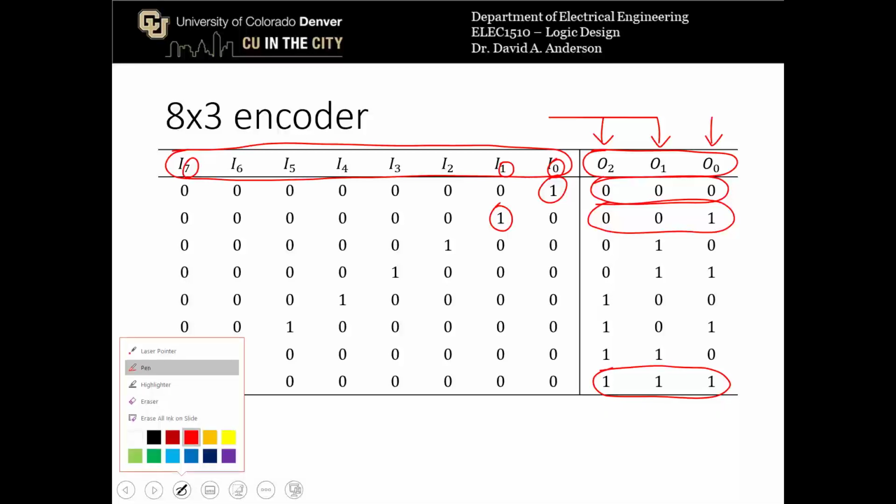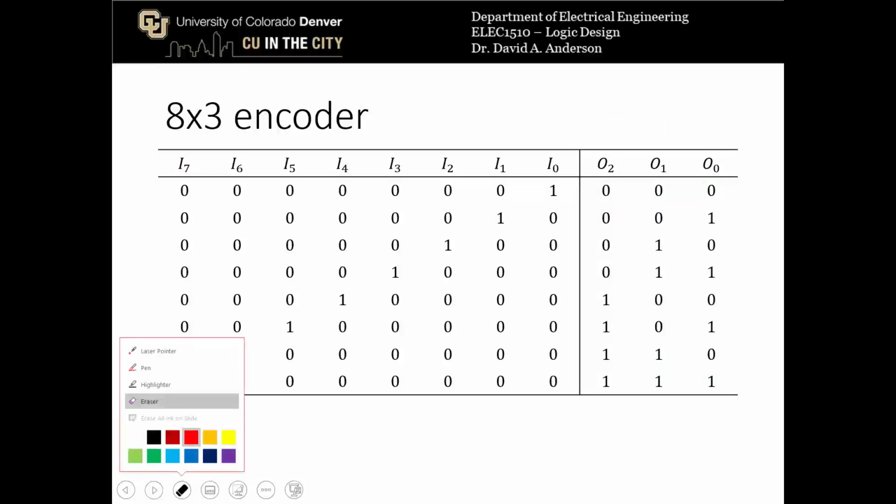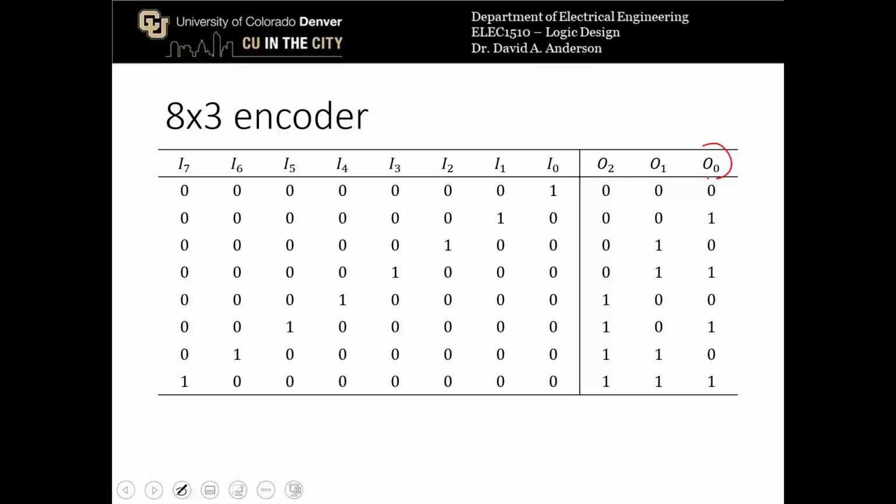For the outputs, we actually just look at the set of inputs that are on to define that output, and then define the output as the sum of those inputs. So output 0 right here is on here, here, here, and here. So that would be inputs I1, I3, I5, and I7.